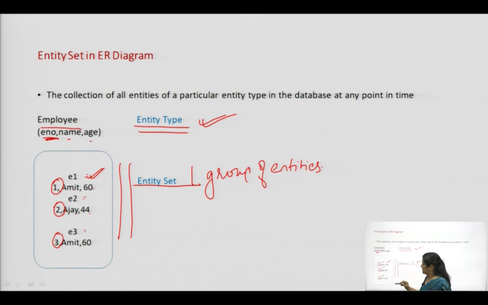Let us see for the rest of the attributes. The value of Amit is not unique. E1 is also called Amit, E3 is also called Amit. The value of age is not unique. E1 age is 60, the age of E3 is 60. Even the combination, E1 name is Amit, age is 60, and E3 name is Amit, age is 60.